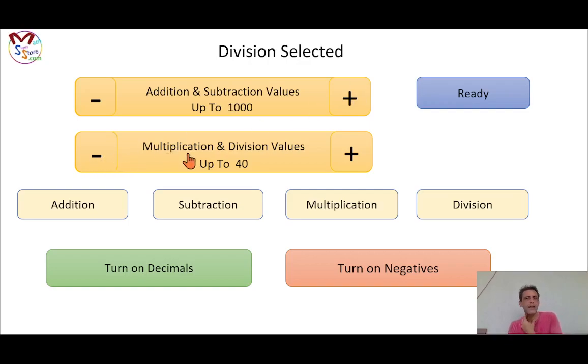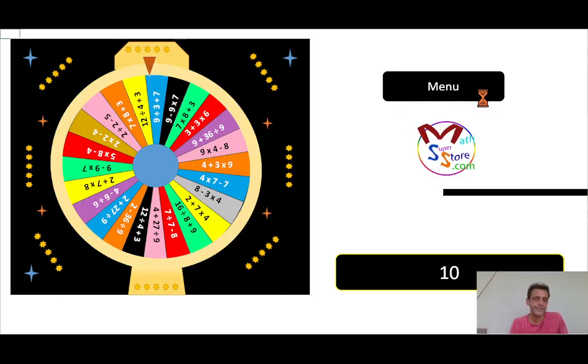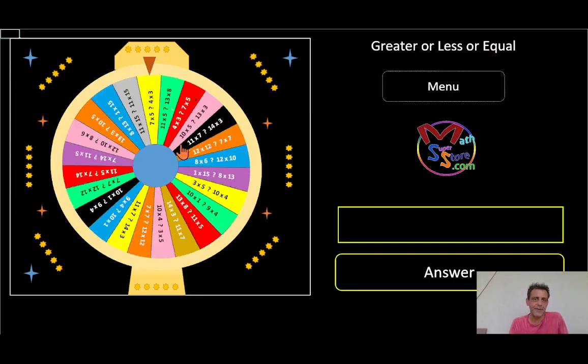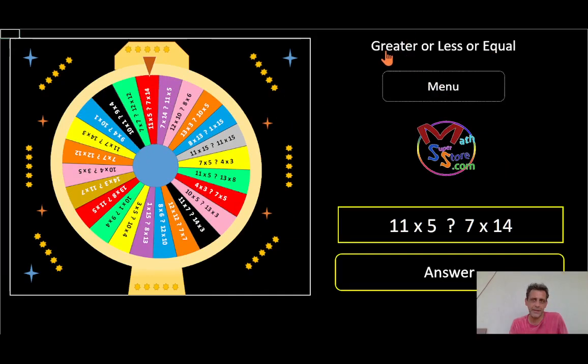And multiplication and division goes up to 1,000 as well if you're ever going to use that, and down to 5. So multiplication and division values up to 5. Put that as 15, and then I'll choose multiplication, and you'll see. So it'll spin, and we're comparing, so it's greater or less or equal than.